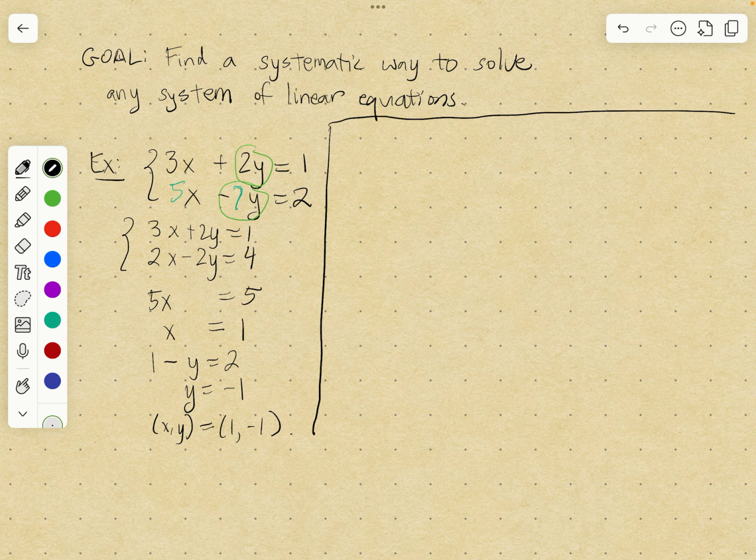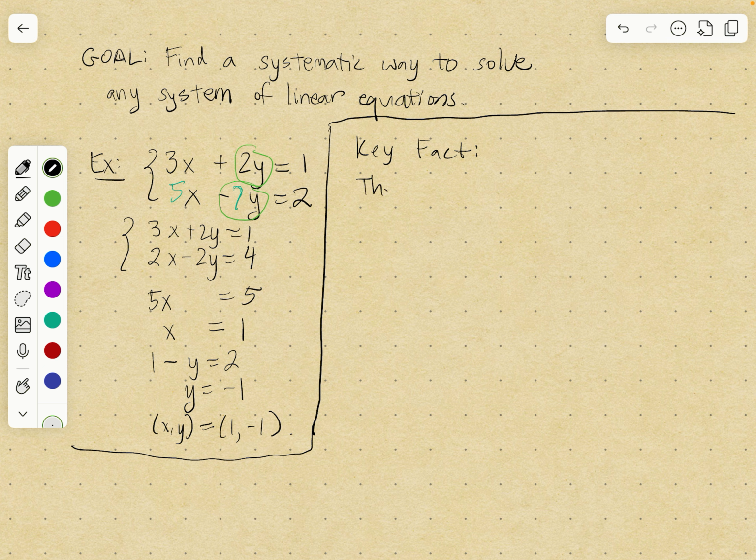And the idea is that we want to somehow simplify the system of equations that we have to get a new system of equations with the same solutions. So the key fact behind how it all works is that there are certain things you can do with the system of equations that do not change the solution.